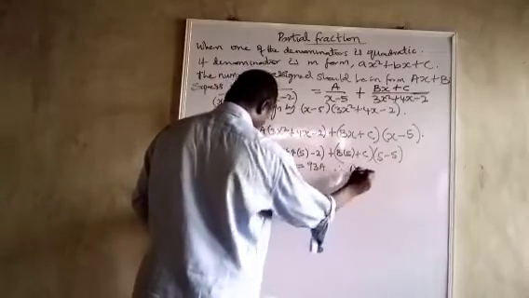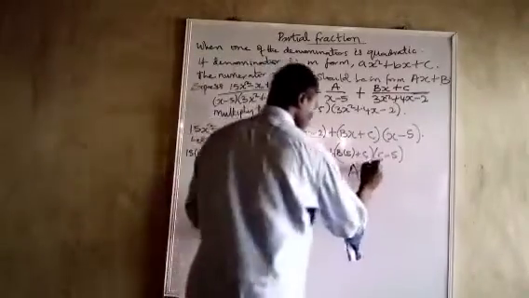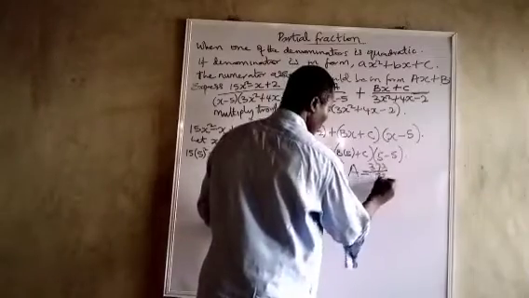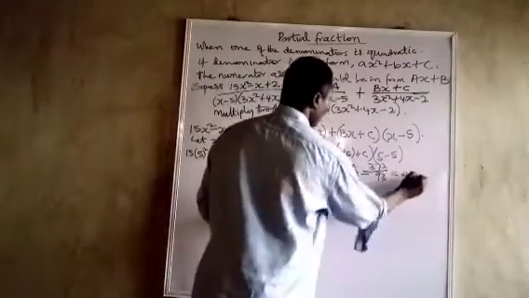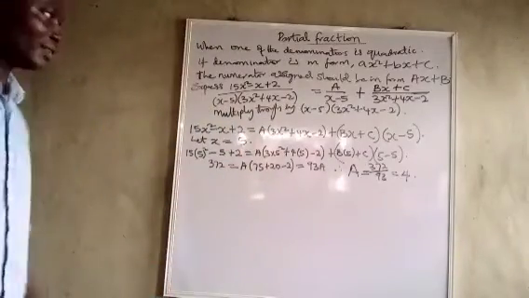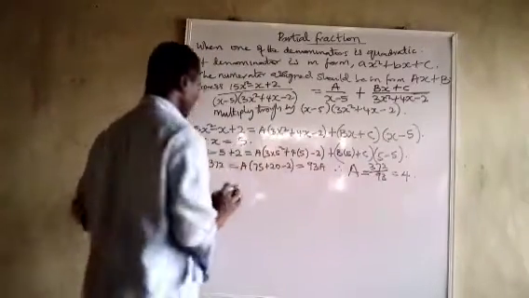Therefore, A is equal to 372 divided by 93. That is 4. So you can see, I've gotten 4 already in that place, so I can use this 4 in this equation straight, without any stress.